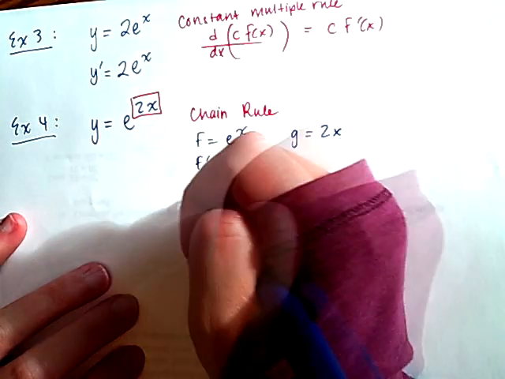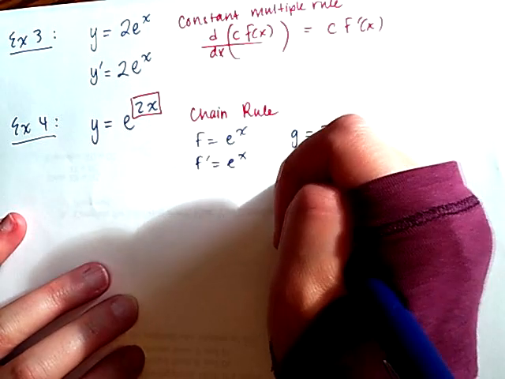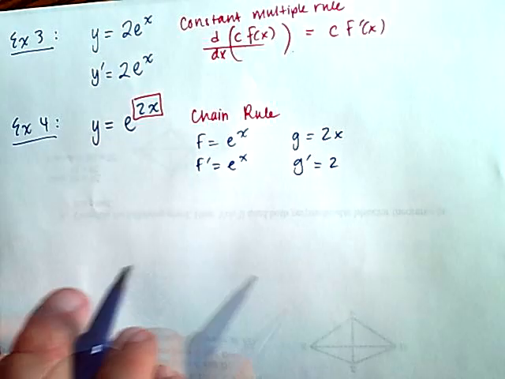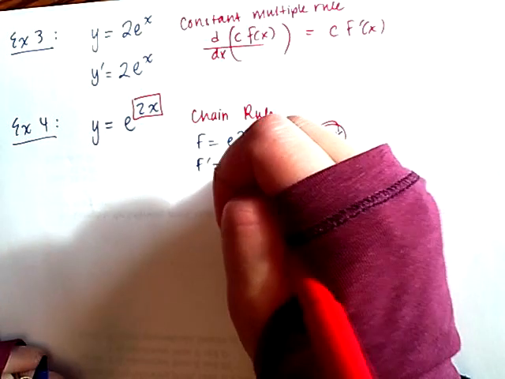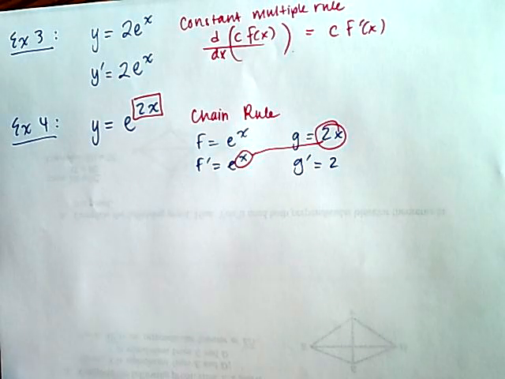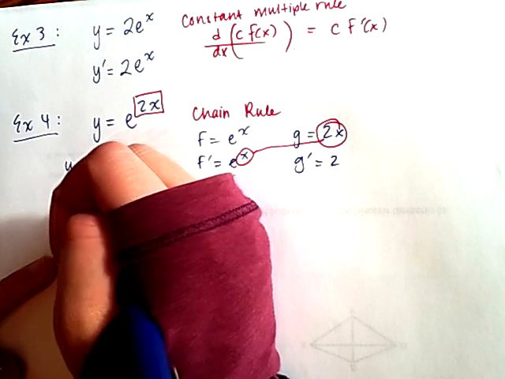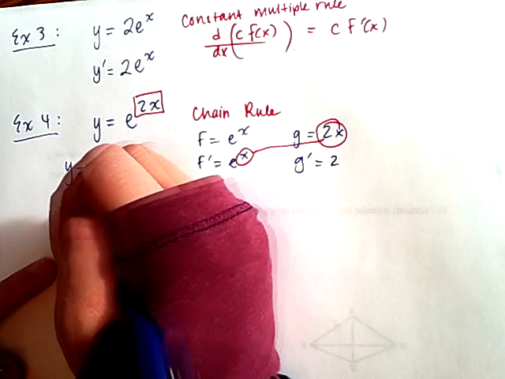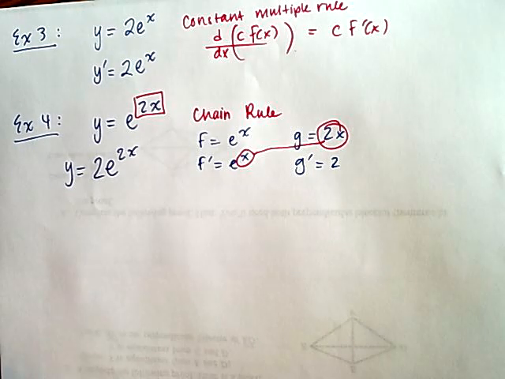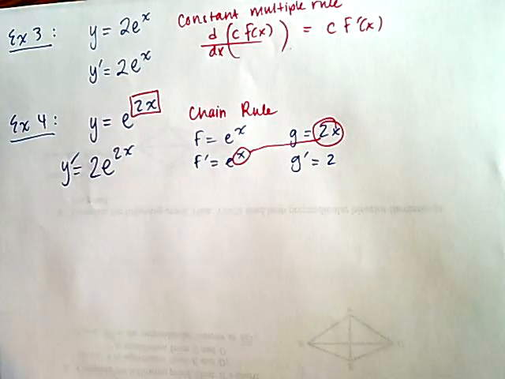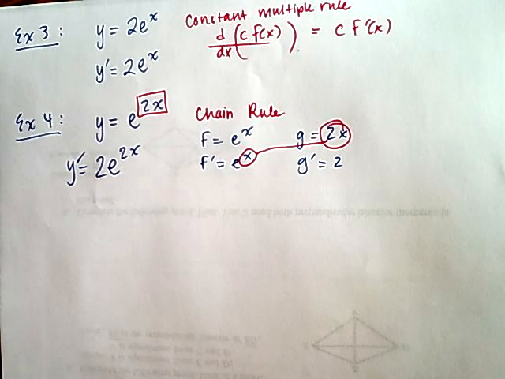So my derivative of e to the x is e to the x, my derivative of 2x is 2, so I'm plugging that 2x in there, so I should get e to the 2x times 2. Y prime equals 2 times e to the 2x.